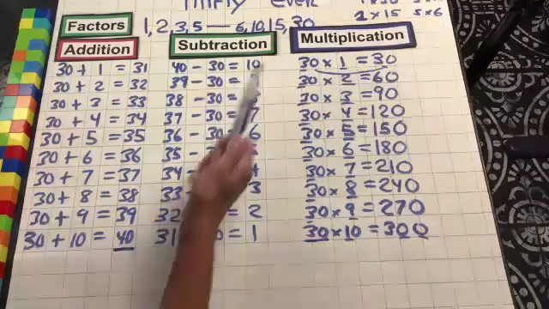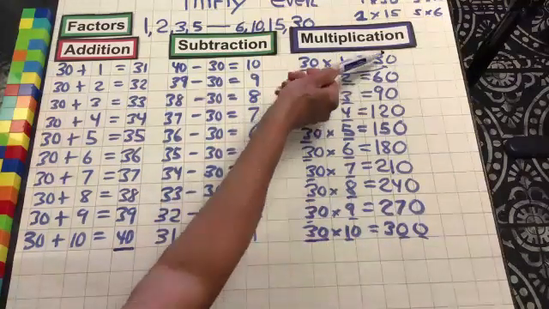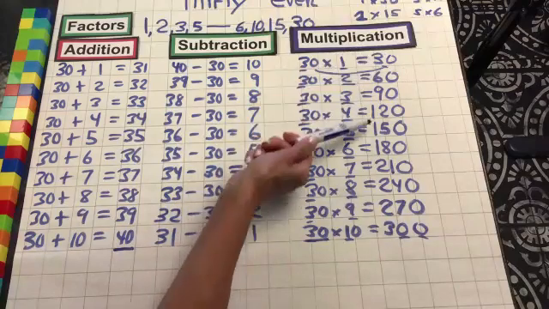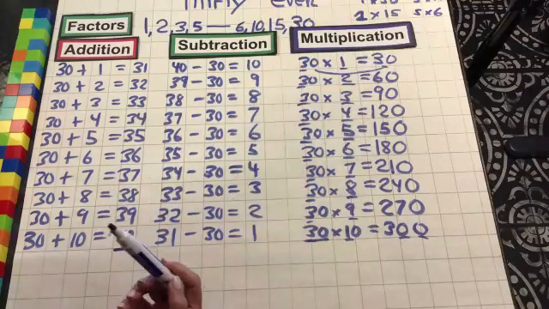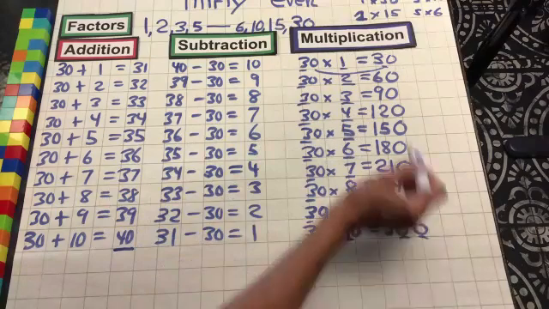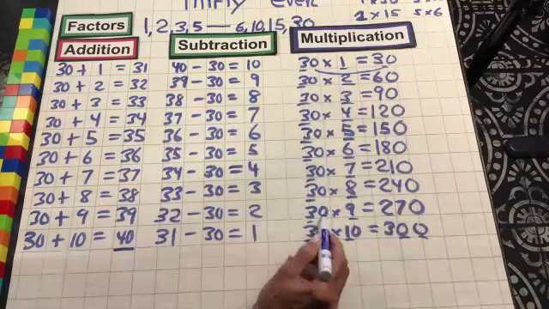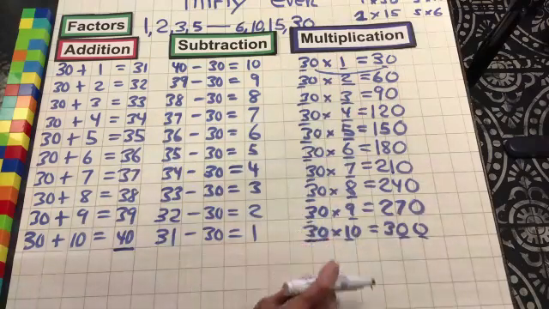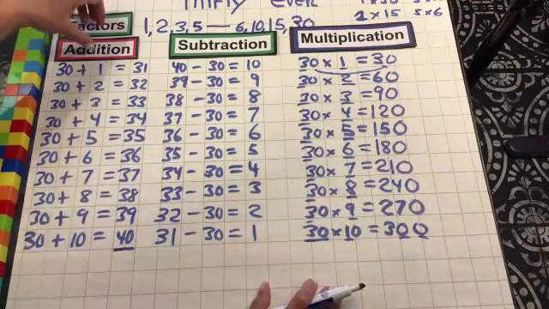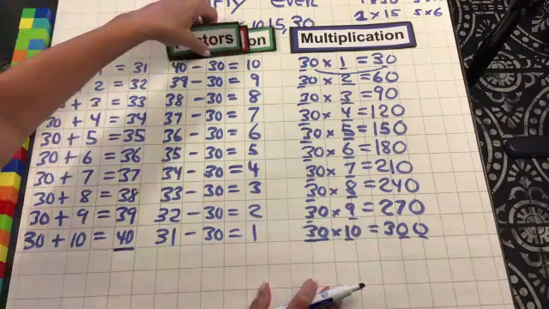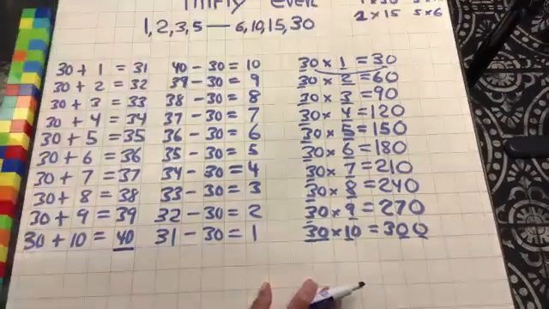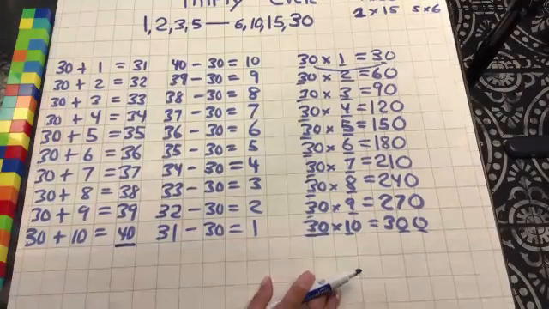If you look here, we're counting by threes. 3, 6, 9, 12, 15, 18, 21, 24, 27, 30, but adding zeros to them, because our 3 is not just 3, it's 30. Hopefully you followed along and everything is good. And we're ready to move on to our measurement.